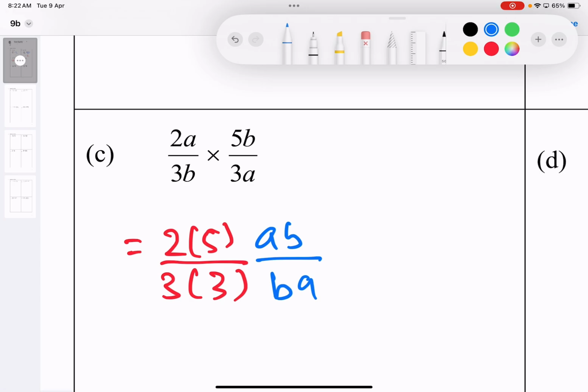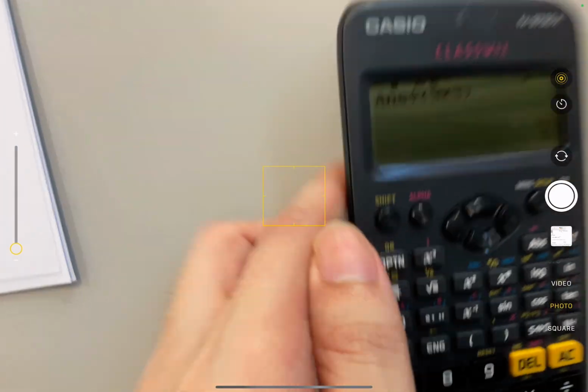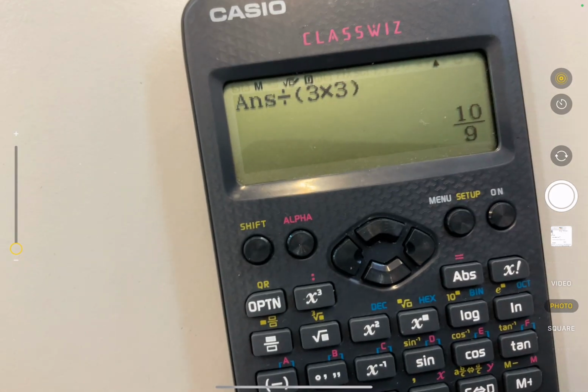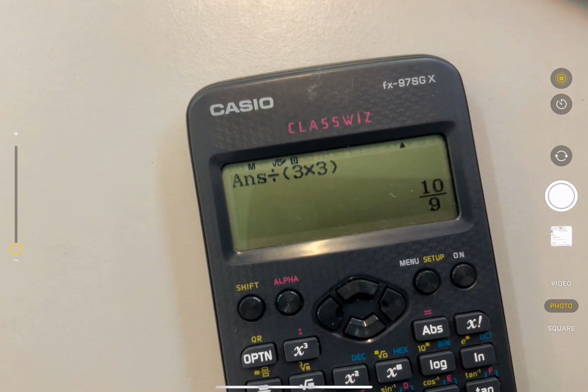I enter 2 times 5, which gives me 10, divided by 3 times 3. I show you on my calculator. If I do that, I will get 10 over 9. Do you see that? If you do this, you'll get 10 over 9.